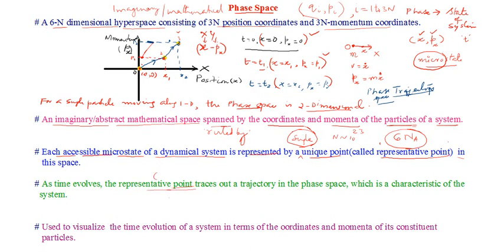So when the ambassador speaks, it is like that particular country speaks. Or whoever it is, like the prime minister says about our policy. That particular person represents the entire country. Like that, the representative point is a single point which represents the entire system. Is it clear? So a representative point traces out a trajectory in the phase space.